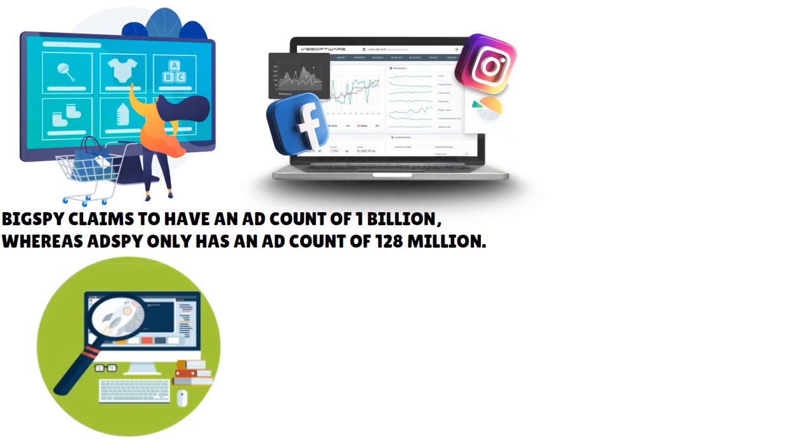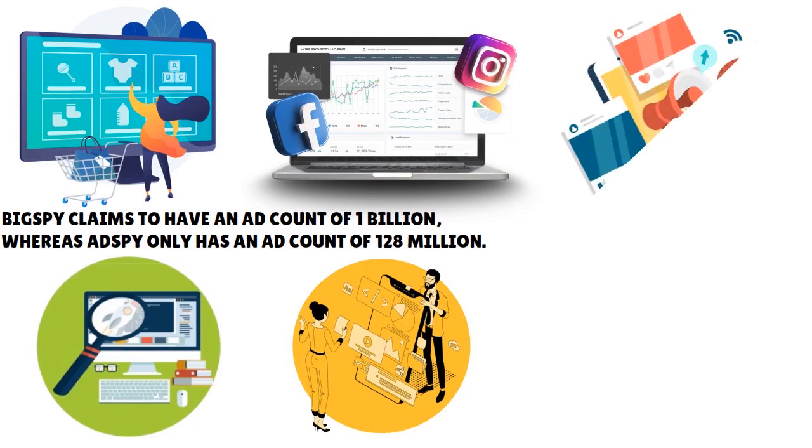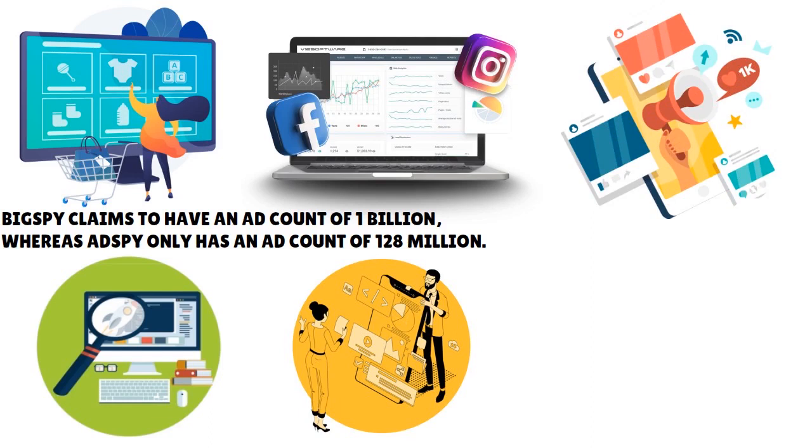Now, it's also impossible to verify which one of these spying tools actually has the most accurate data, if at all. The thing is, for spying tools, interface and usability are incredibly important, right? We're talking about UX and UI. So in our humble opinion, AdSpy takes the cake here.